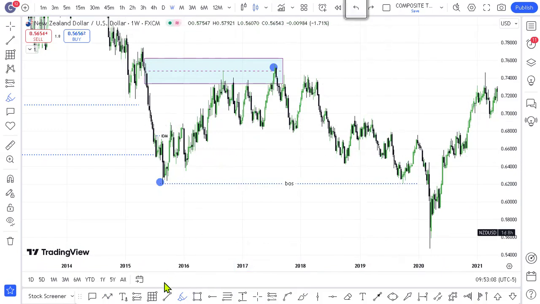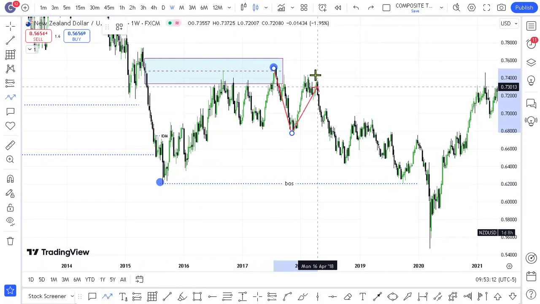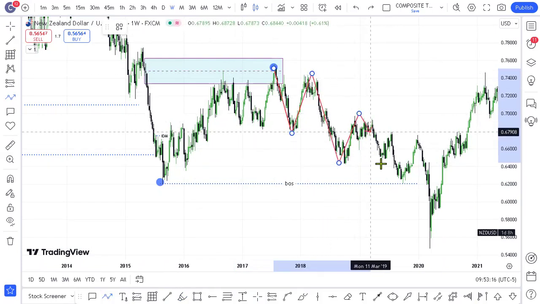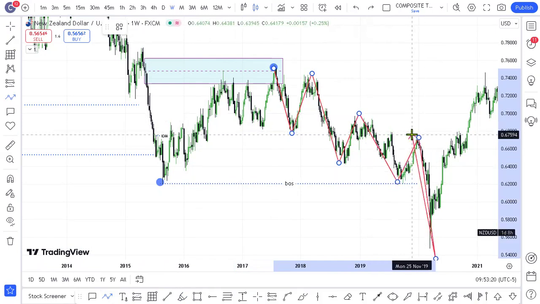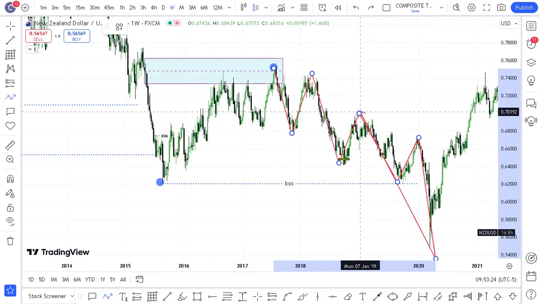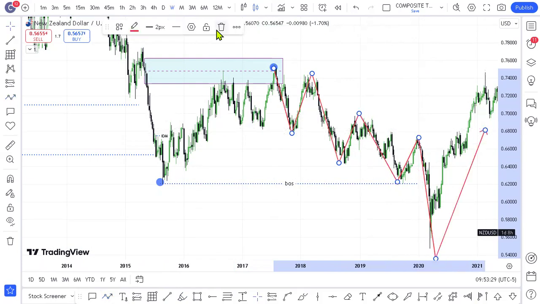So here again, you can see according to this particular structure, from here, low, pullback, another one to the downside. So these are our normal inducement, but our major inducement can be this high, because after this major pullback, this is where the price started rallying to the downside.